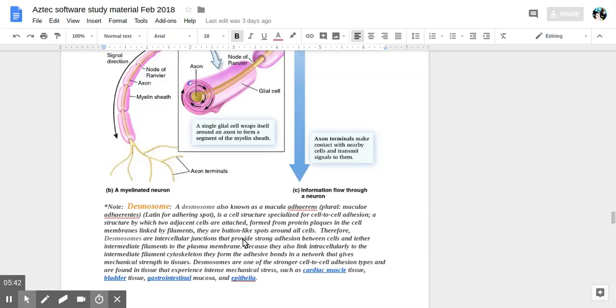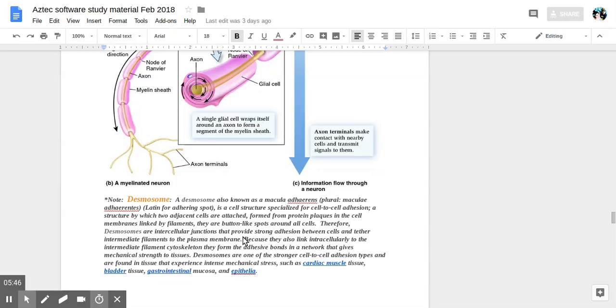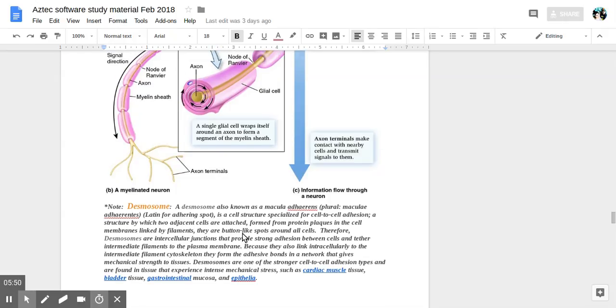Desmosomes are one of the stronger cell-to-cell adhesion types and are found in tissue that experiences intense mechanical stress, such as cardiac muscle tissue, bladder tissue, gastrointestinal mucosa, and epithelia.